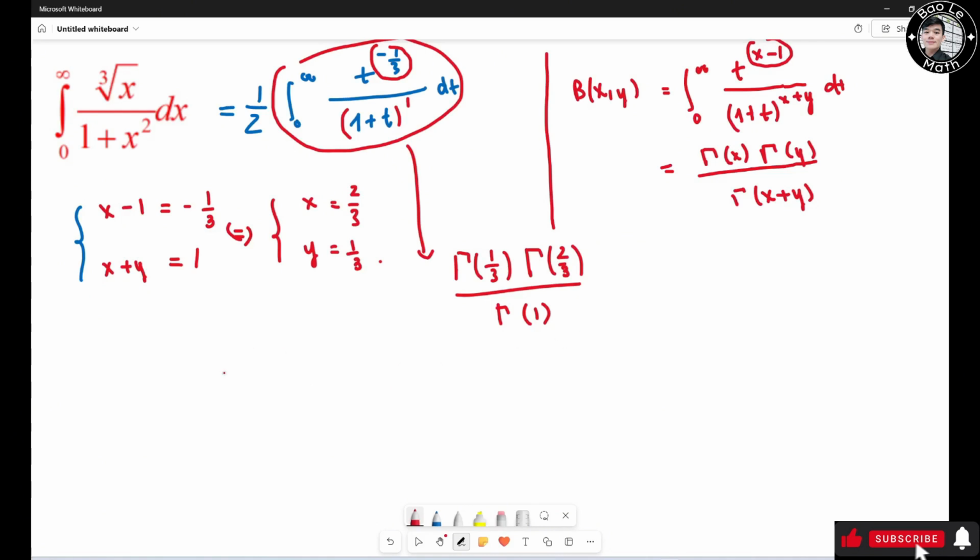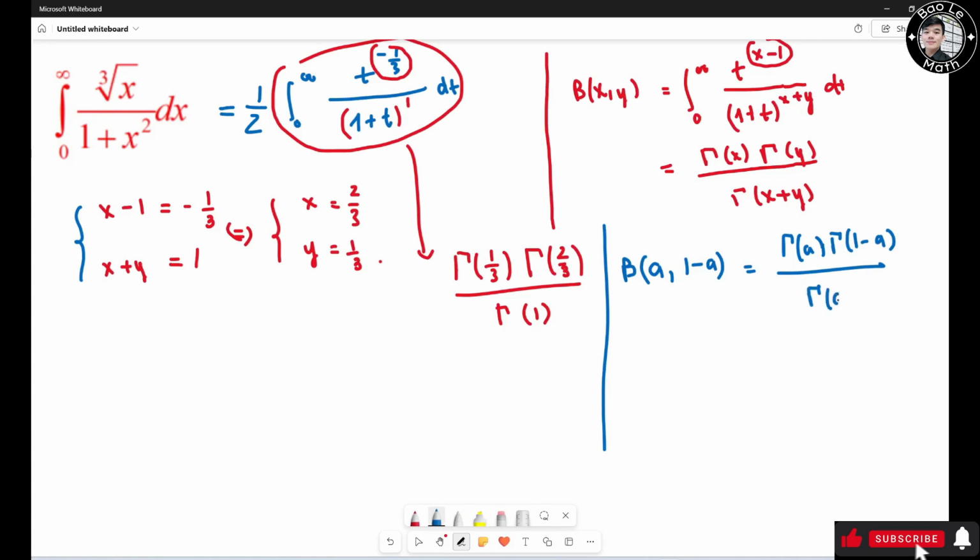Now you have the formula: the beta function of a comma 1 minus a is gamma of a gamma of 1 minus a over gamma of a plus 1 minus a. It's going to be gamma of a gamma of 1 minus a, which equals pi over sine of pi times a.